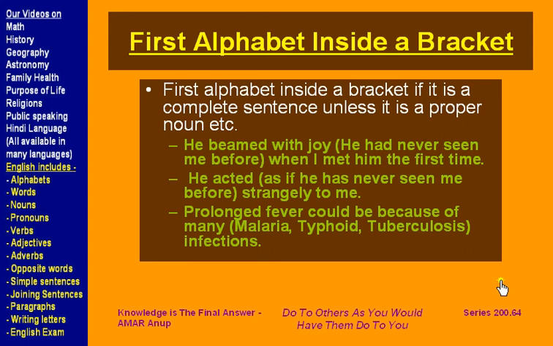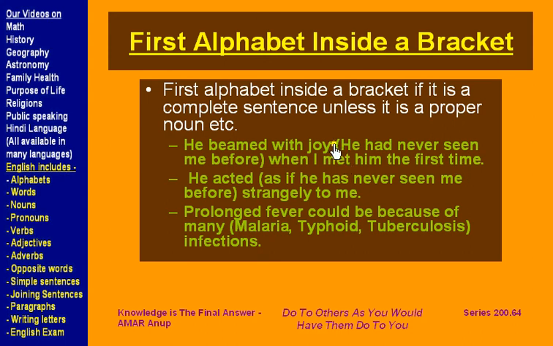Let's go a step further. Sometimes we write a sentence with a bracket, like here. He beamed with joy, in bracket, he had never seen me before when I met him the first time.